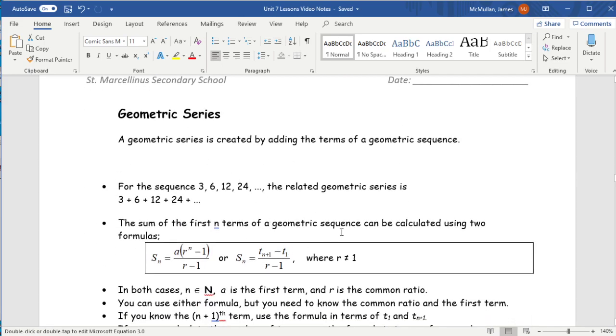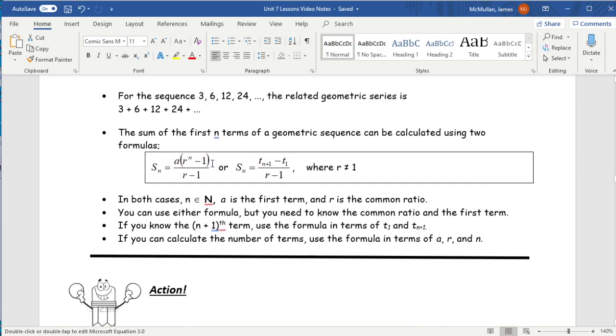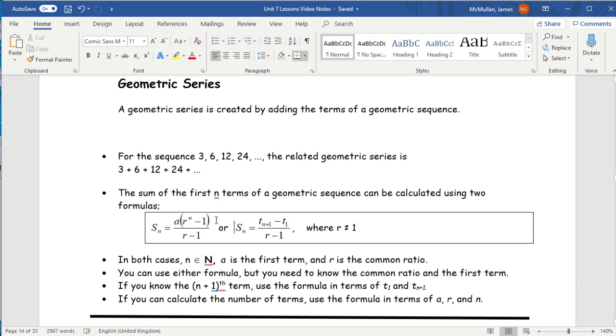Now, there is also a formula for the geometric series. It's a brilliant formula, and I think it would be really interesting to try to explain why this works. We're not going to go into why it works, but it's an interesting challenge for you to try. What does it say it will do?